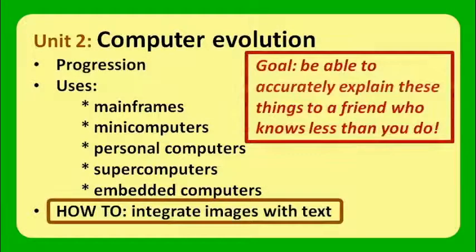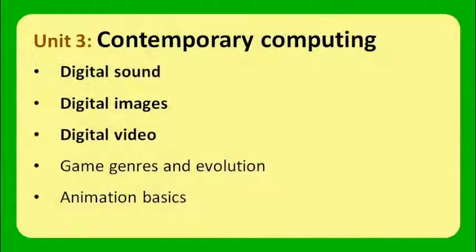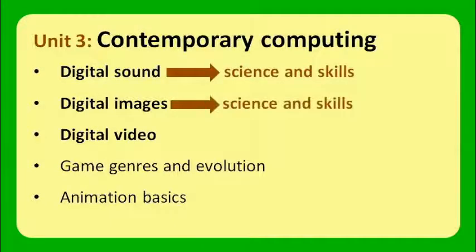What you're going to learn how to do in this unit, in addition to a little bit of history, is learn how to integrate images with text. Once again, the goal being to accurately explain these things and how to do them to a friend who knows less than you do. Contemporary computing. Digital sound, we want to learn the science and the skills. The same with digital images, the same with digital video.